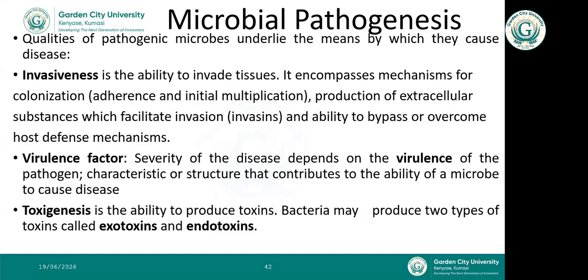And once these are disrupted, the disease will progress. Some of these have to do with the characteristics of the organism, what structures they have, and how well they're able to multiply very fast and overcome these barriers. This is why I talked about toxigenesis. Being able to produce toxins is one of the virulence factors.